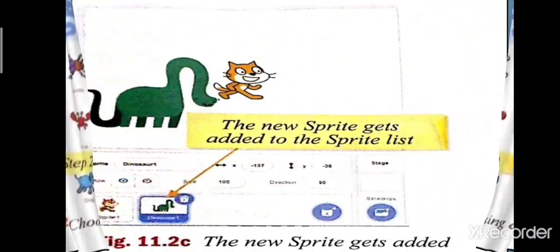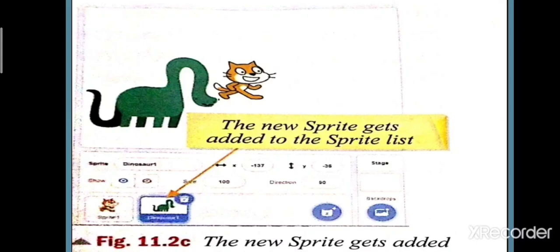Figure 11.2c is showing you the new sprite gets added to the sprite list. So here we are using two sprites. The first sprite is the cat and the other sprite is a dinosaur.